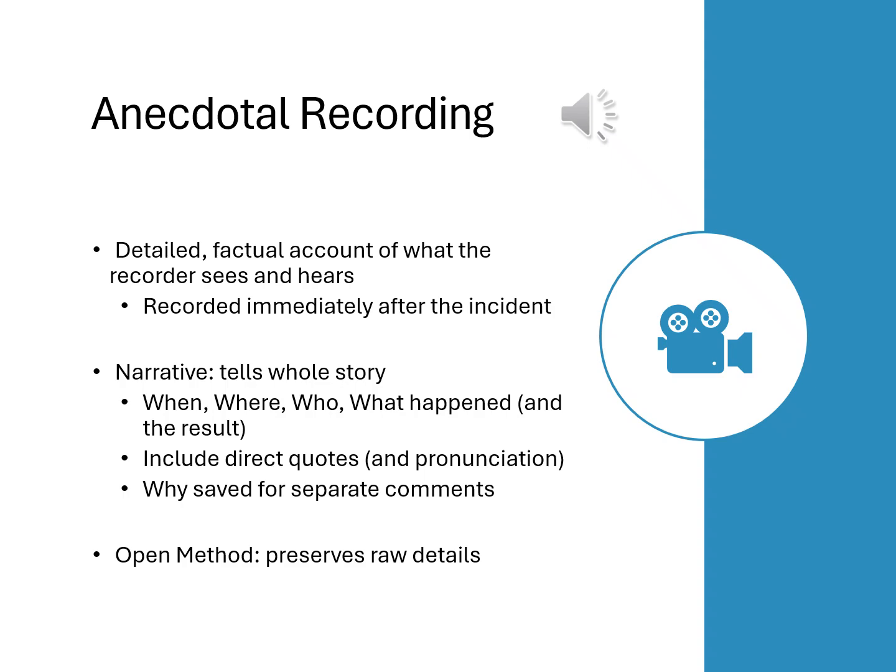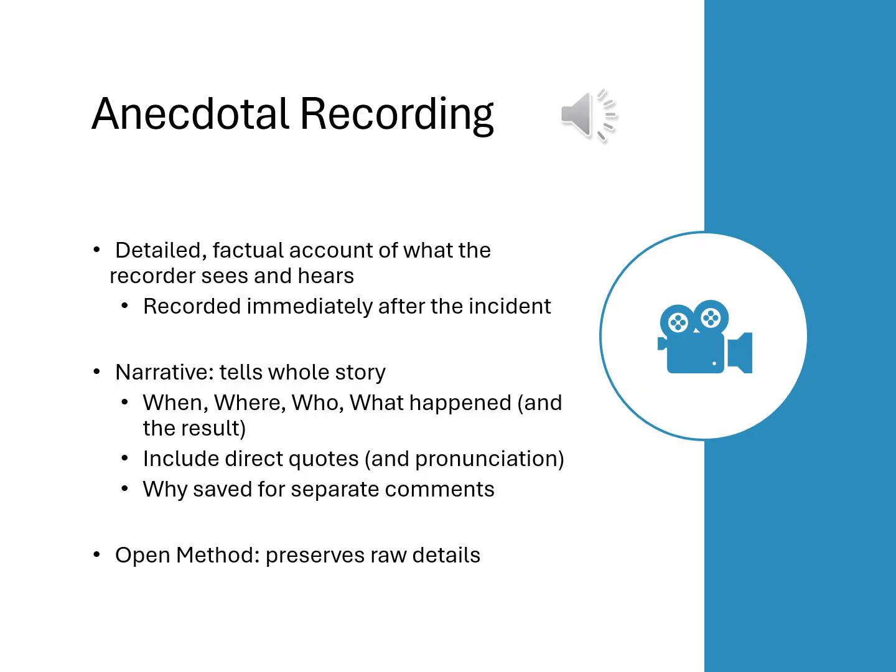So it should be intentional, it should have a plan, it should be factual, and it should occur immediately after the incident in as much detail as you can remember to write down. So you're going to write it like a story. You're going to tell the when, where, who, what happened, what was the result. If there's any direct quotes that you can remember, how children pronounced things.